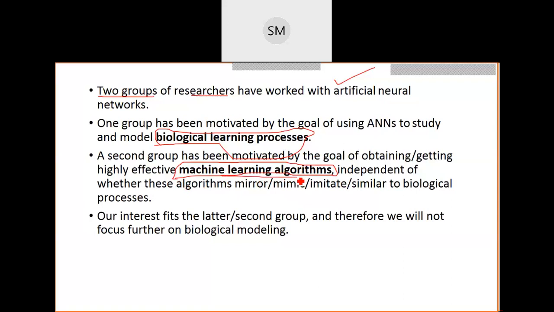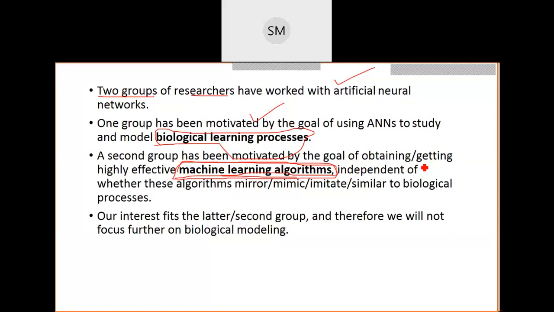So the motivation was of two types here.